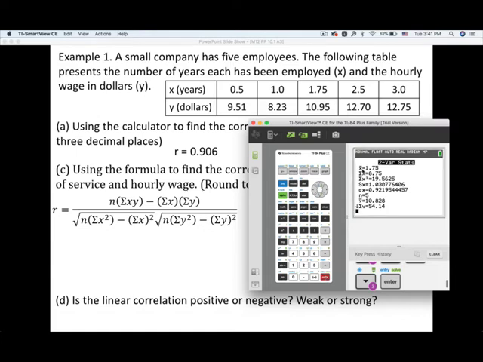So you're gonna see I have my summation X squared, right? Summation X squared. Go down, you're gonna see my summation Y squared, and also I have my summation XY. So I want you guys to plug in those numbers onto your formula here.